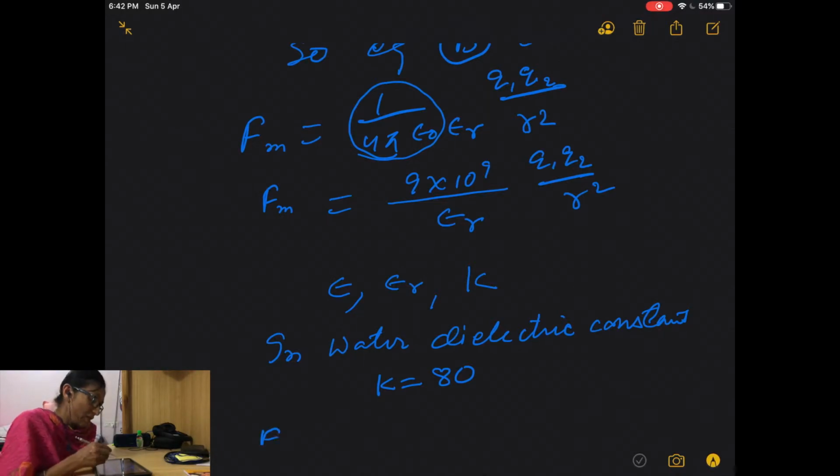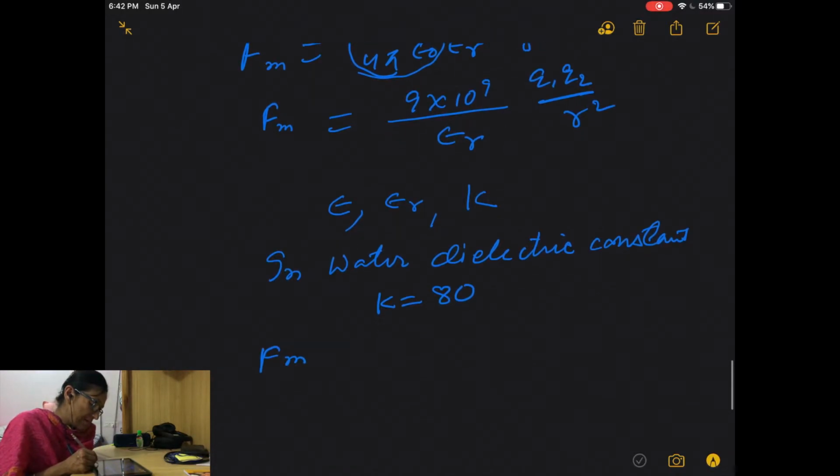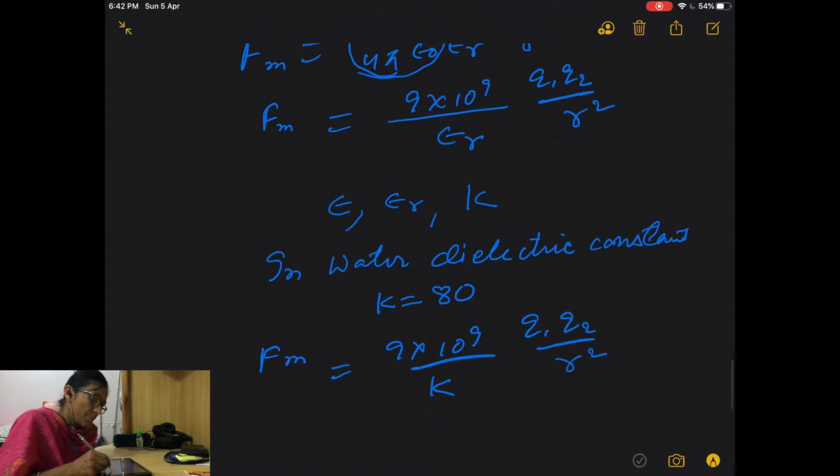It means that when you place the dielectric constant in this formula and it is 80, the denominator becomes 80, and the force in that medium, water medium, becomes 1 by 80 times the same force when the same two charges are placed in vacuum at the same distance.